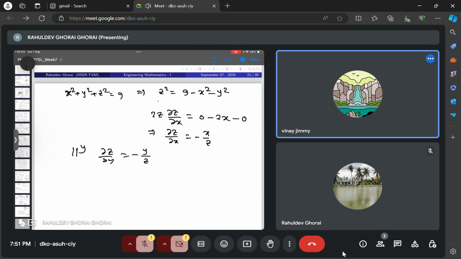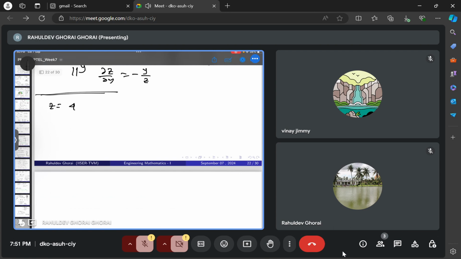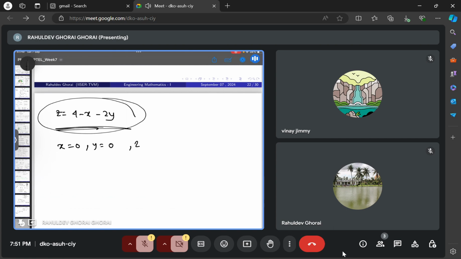Suppose you have to find the surface area of the part of z equal to 4 minus x minus 2y, in the plane bounded by x equal to 0, y equal to 0, and 2y equal to 4 minus x.